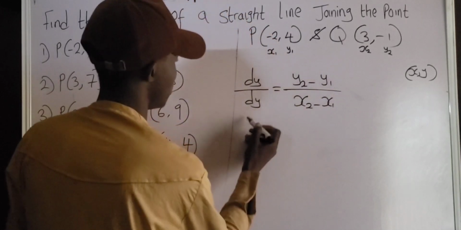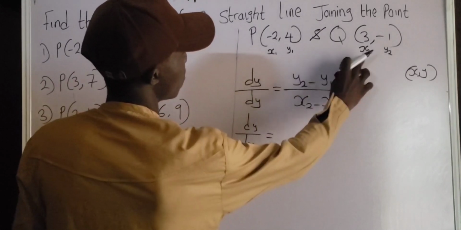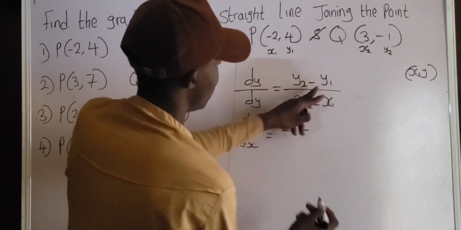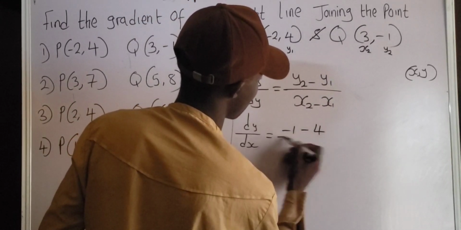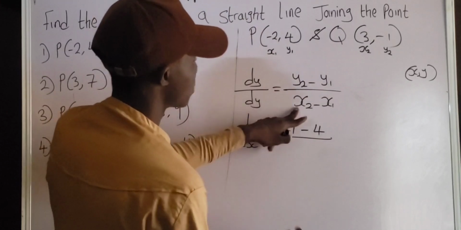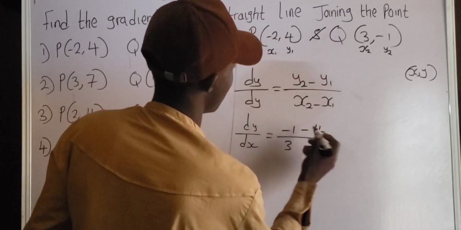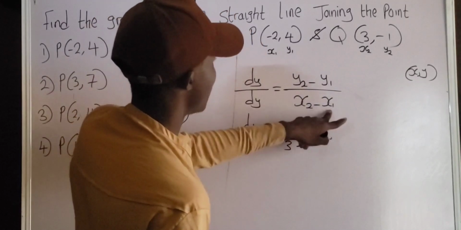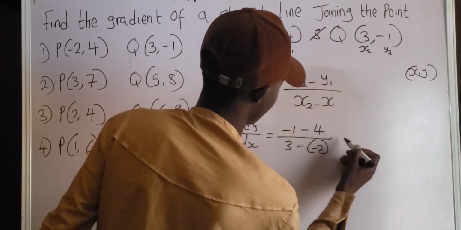So dy over dx is equal to y2, which is minus 1, minus y1, which is 4, so minus 1 minus 4, all over x2, which is 3, minus x1, which is minus 2. So I'm going to have a bracket here, minus 2.